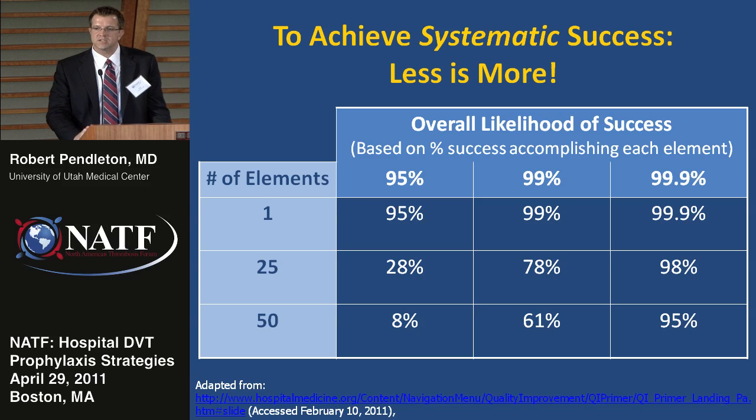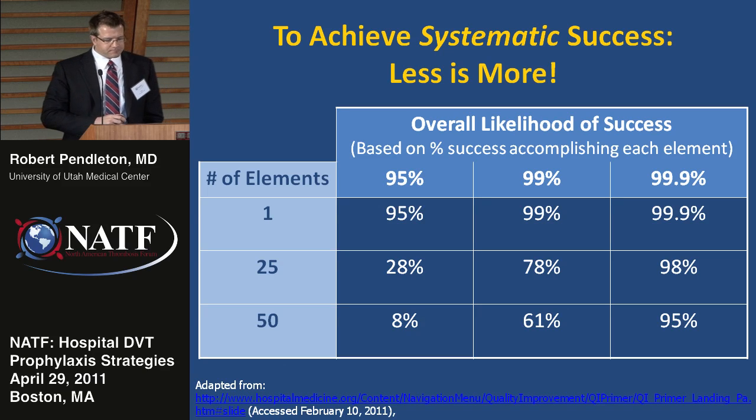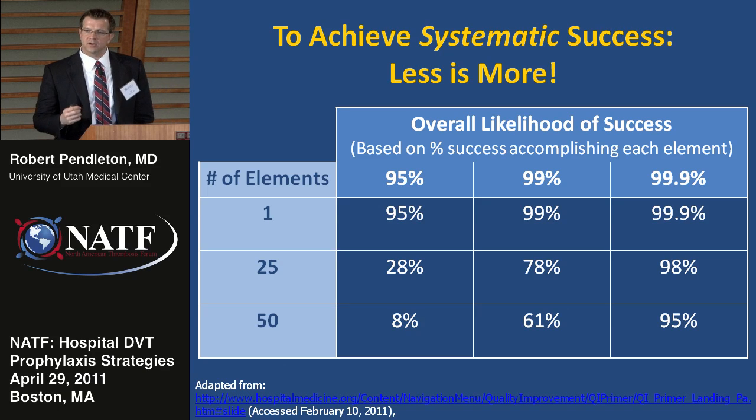And part of this has to do with the QI reliability theory of less is more, where let's walk through this for a minute. The overall likelihood of us successfully completing a DVT prevention protocol is dependent on two things. One, the probability of success of us completing each element of that protocol. And then the other is simply the number of elements or steps or processes involved.